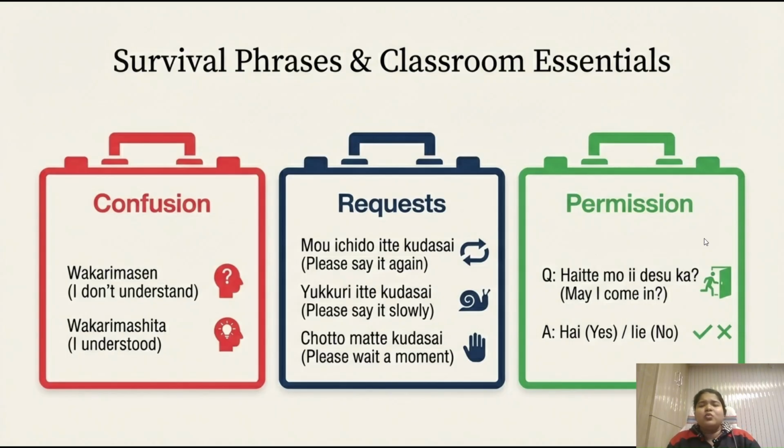And if you want that person to wait, the most informal and casual way can be matte. But if you want to use this in an entire sentence, you're going to say chotto matte kudasai.